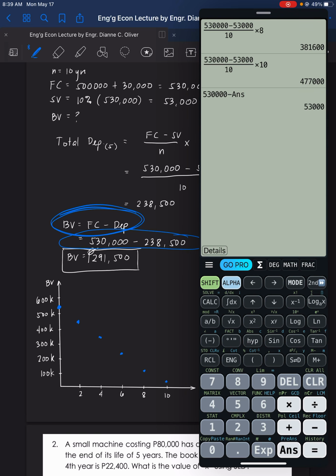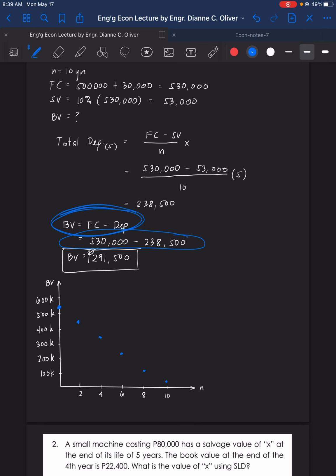Alright. So what's the point here? So this is the reason why it's called the straight line method, because it follows a straight line in the graph. Now what we did here is that in these years, we follow the pattern of the depreciation of each year.